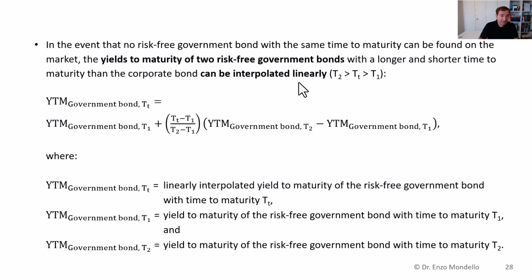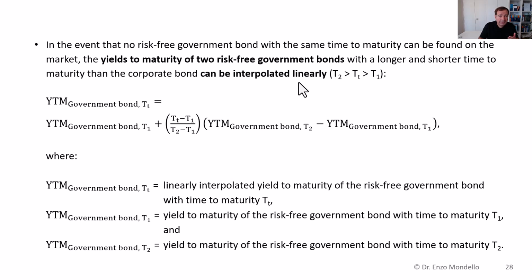In the event that no risk-free government bond with the same time to maturity can be found on the market, so let's say, for example, the corporate bond has a time to maturity of 10 years and we don't find in the market a risk-free government bond with the exact same time to maturity of 10 years, then we can take two bonds, one with a shorter maturity than 10 years and the other with a longer maturity than 10 years.